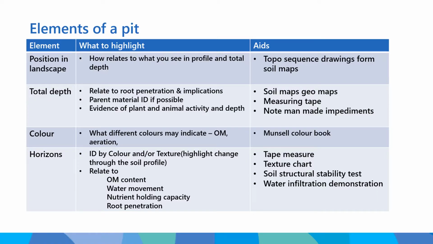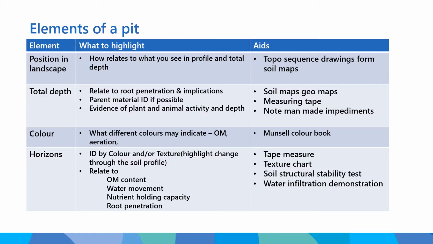Okay, so just to recap before we get into the more detailed and close-up section, we've looked at the position of the soil in the landscape, how that relates to what you see in the profile, and some stuff that might help you to find that, the things I said in the video, some things like soil landscape maps or mapping online.